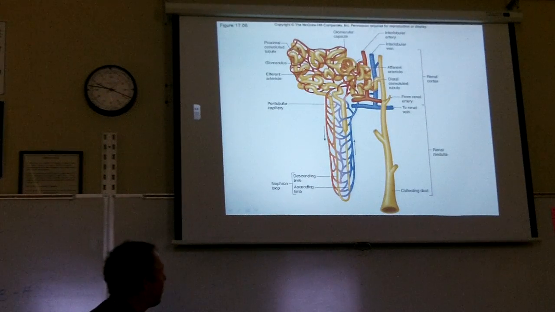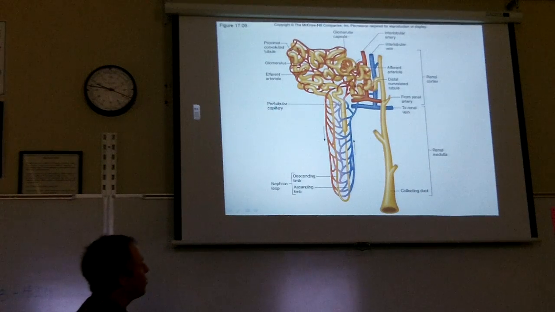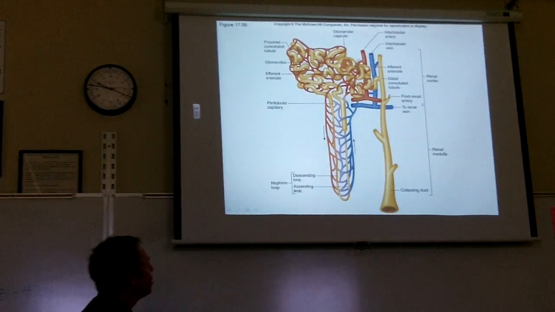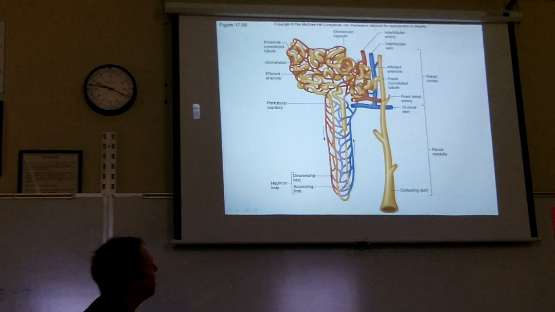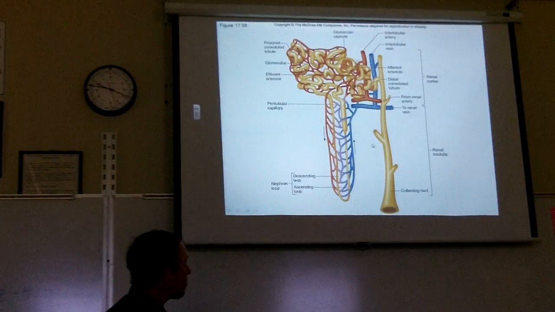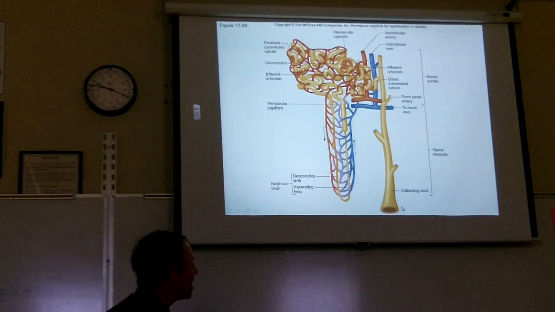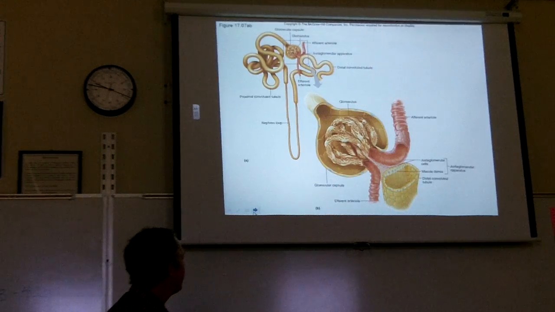Anyway, as the stuff continues down Henle's loop, most of the water gets reabsorbed there, and the sugars and salts all get reabsorbed by these blood vessels, and all that's left by the time the nephron ends is the waste products and some water. And that continues down this collecting duct and ends up going to the bladder.